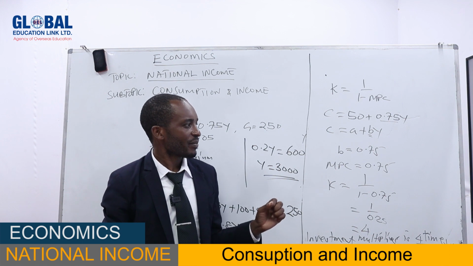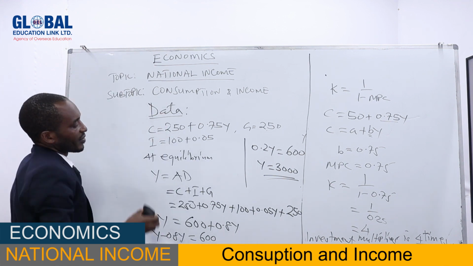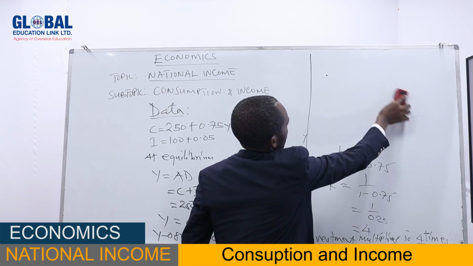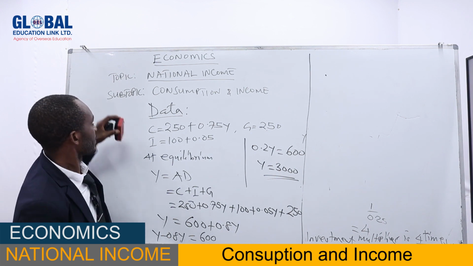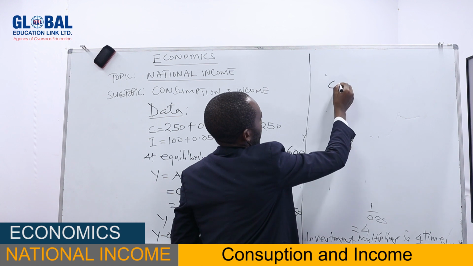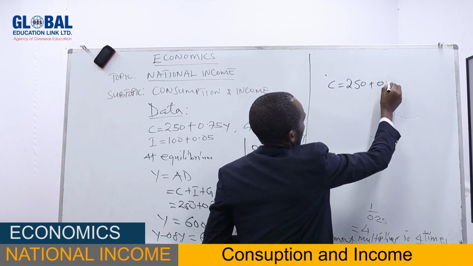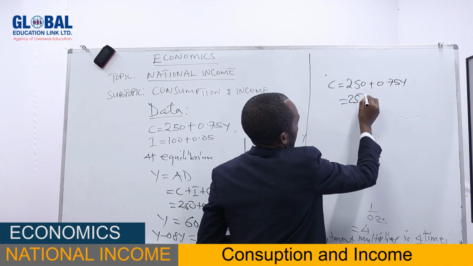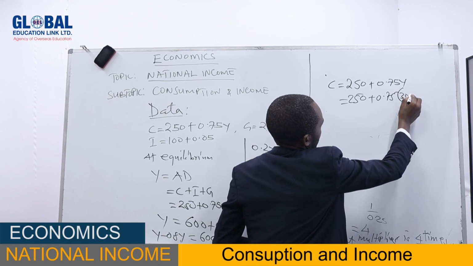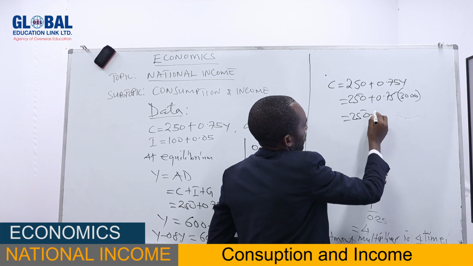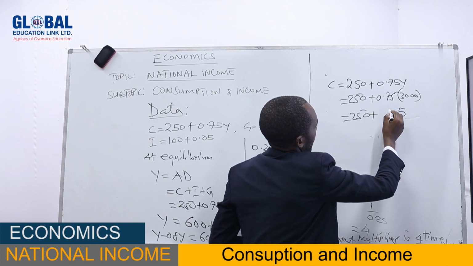Now we need to find the consumption level. How will we get it? Since we have the national income, we substitute this into the consumption function, which is 250 plus 0.75Y. When you substitute, it will be 250 plus 0.75 times 3,000.